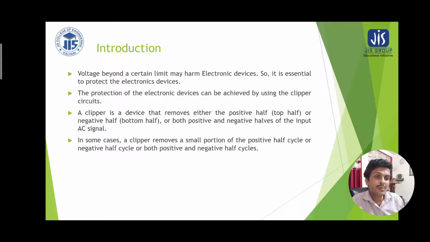The combination of such partials is also possible, that means a combination of partly positive half and partly negative half may be removed using one circuit. So these are all circuit arrangements so that the clipper circuit will be able to perform such specific jobs depending on specific requirements, because in many cases the circuit has different types of requirements. Sometimes the positive half should be completely removed, so therefore a positive clipper circuit is required.